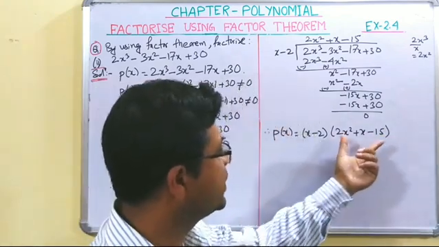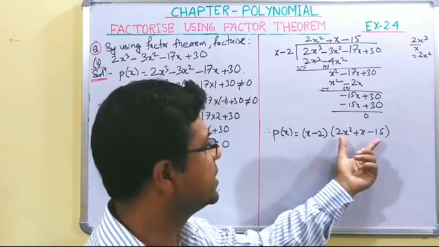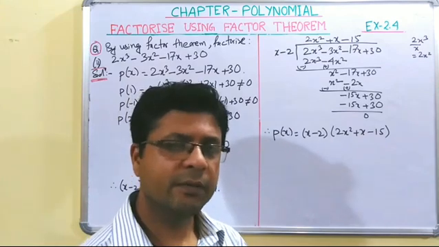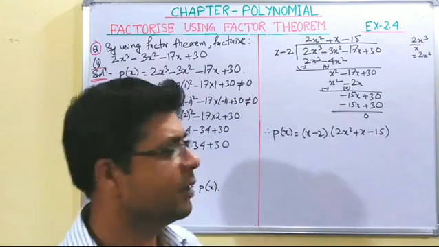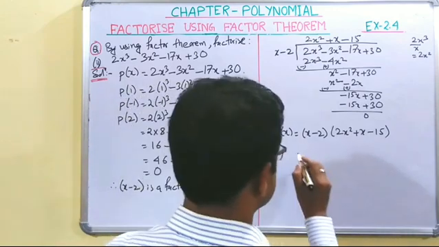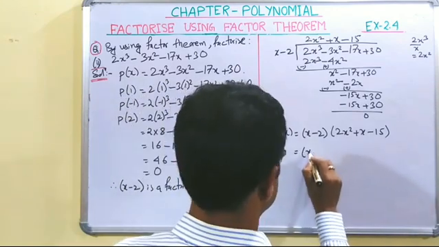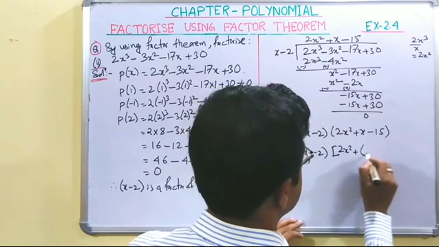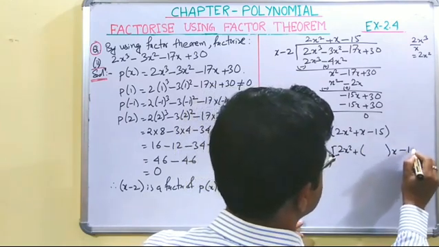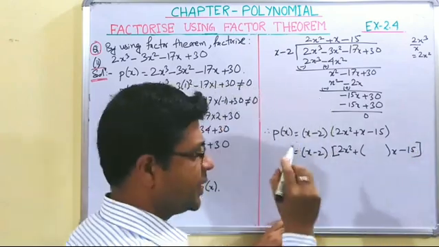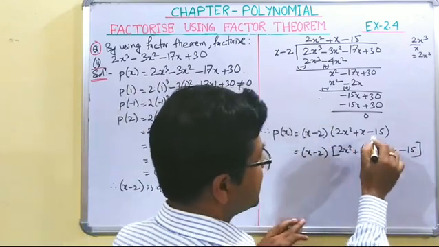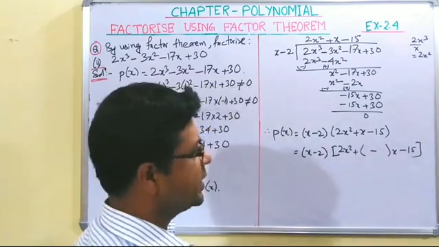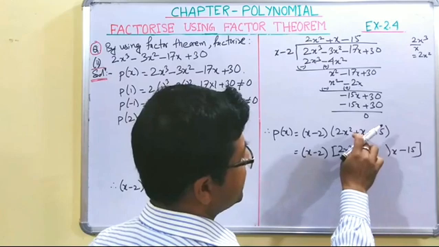Now how will we factorize more? This is easy for you because it is a quadratic polynomial, and we know we can factorize a quadratic polynomial by middle term splitting. This is 2x square plus x minus 15. As it is a minus sign at the end, we have to write a minus sign so that their difference is 1.